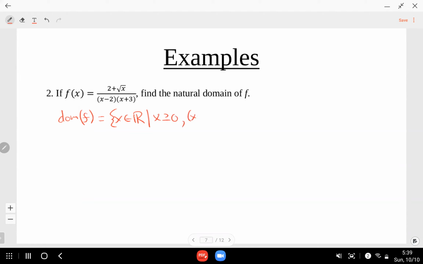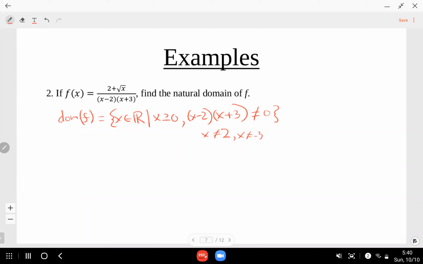And then (x minus 2)(x plus 3) is not equal to 0. Since not equal to is very similar to equal to, you can solve it just like a normal equation. Since this looks like a factored form of a quadratic, you can do the same thing as a quadratic. So x does not equal 2, and it does not equal -3.